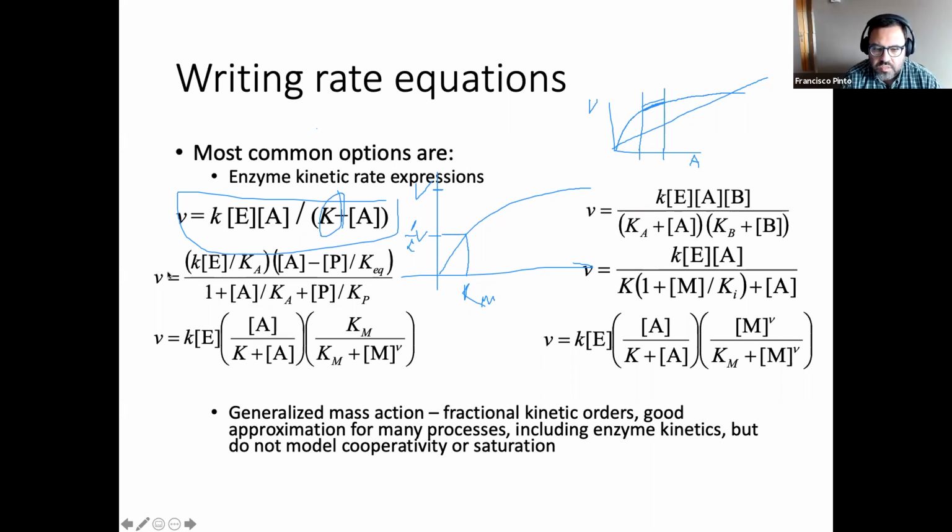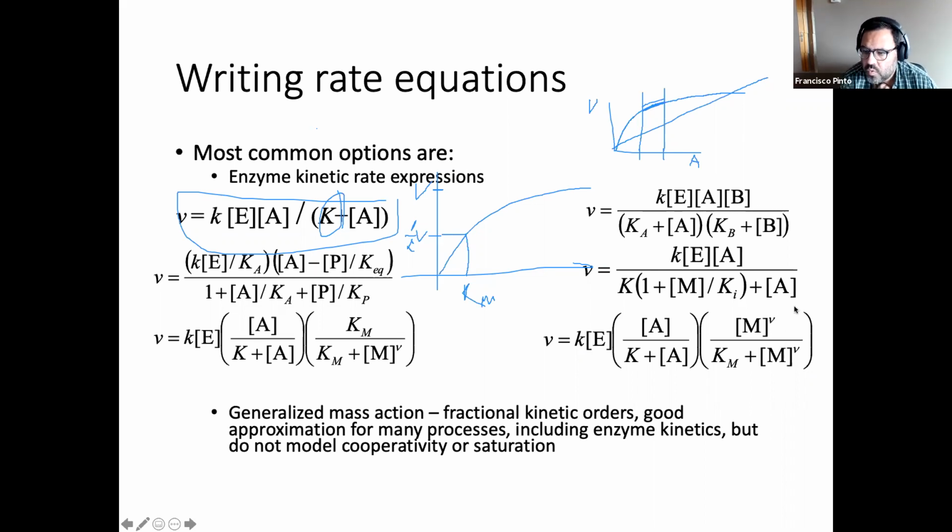For example, if you are considering a reversible reaction, you have this more complex expression. If you have two substrates or two reactants, A and B, you have here the expression for a catalyzed reaction with two reactants.